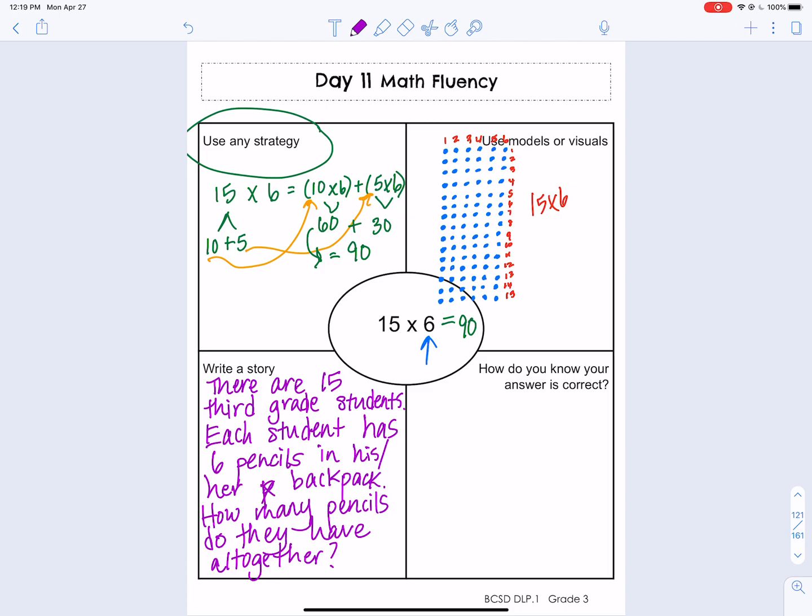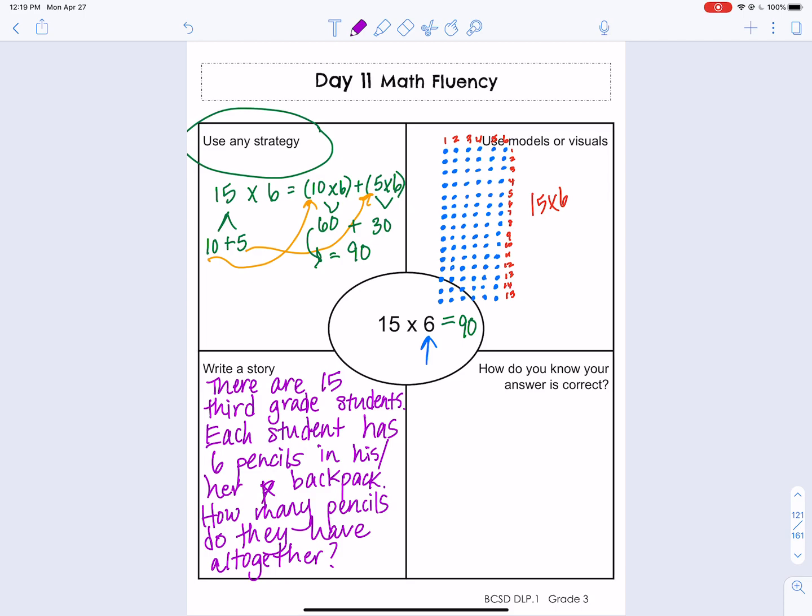And for the last box, it says, how do you know that your answer is correct? Okay, we could say, I know my answer is correct because I made it an array with 15 rows and 6 columns, and all of the dots in the array add up to 90. Or I could talk about the strategy that I did in the strategy box.